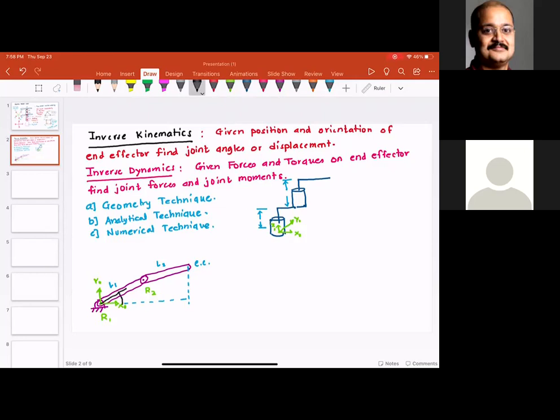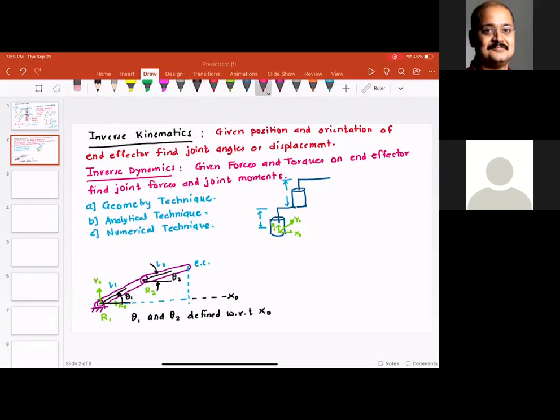I'm going to call this theta 1, and I'm going to call this theta 2. Please note theta 1 and theta 2 are both defined with respect to the X naught axis, and this is an important distinction.